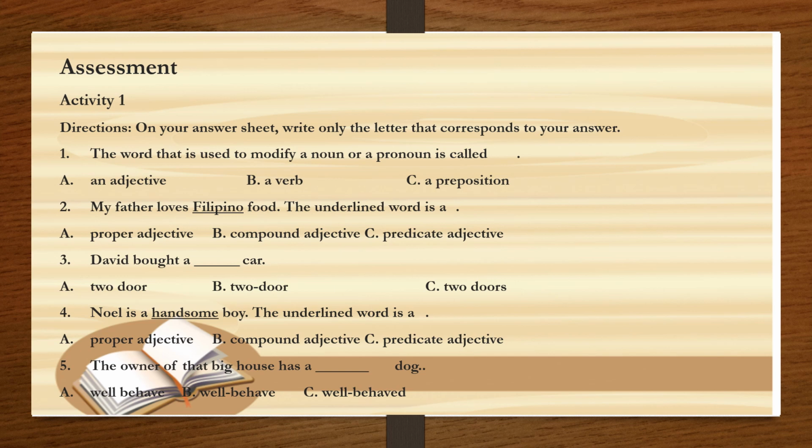B. Compound adjective. And letter C. Predicate adjective. Number 5. The owner of the big house is a dog. A. Well-behaved. Letter B. Well, behave. And letter C. Well, behaved.